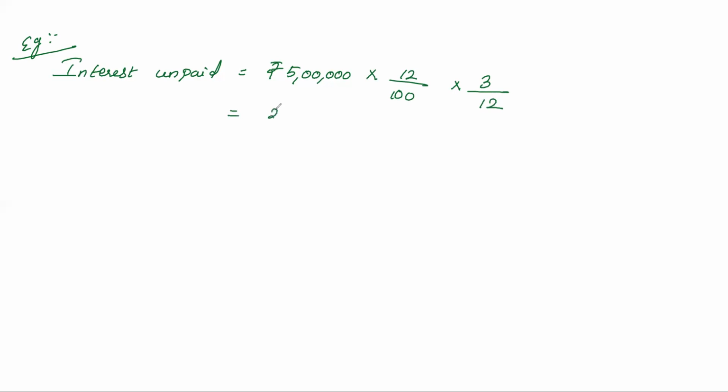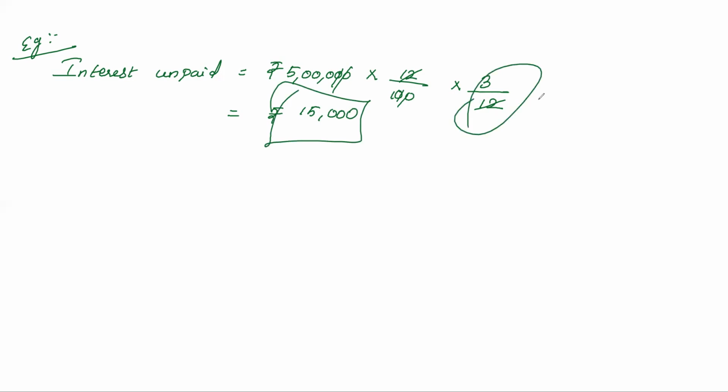So the amount is rupees 15,000. இது வந்து பே பண்ணலன்னு கொடுத்திருக்காங்க. 3 months அவன் unpaid அப்படின்னு கொடுத்திருக்காங்க. ஓகேங்களா? That's all.